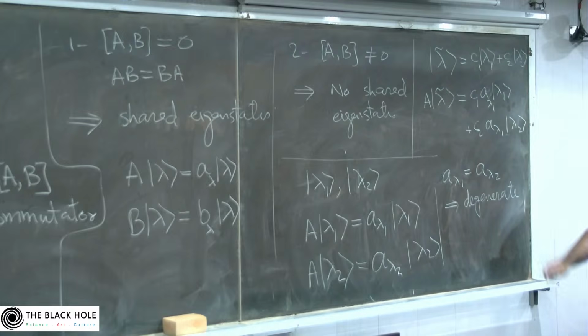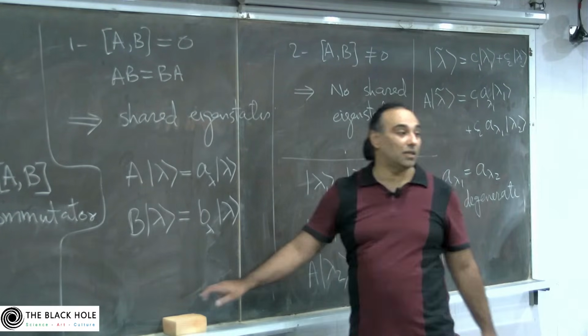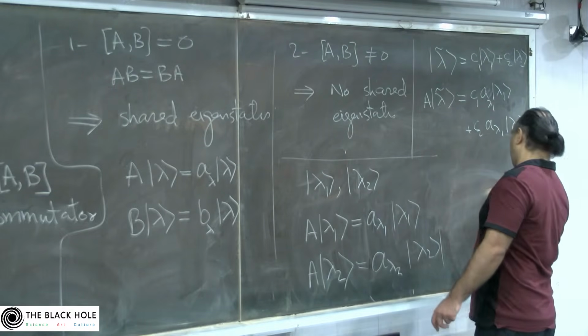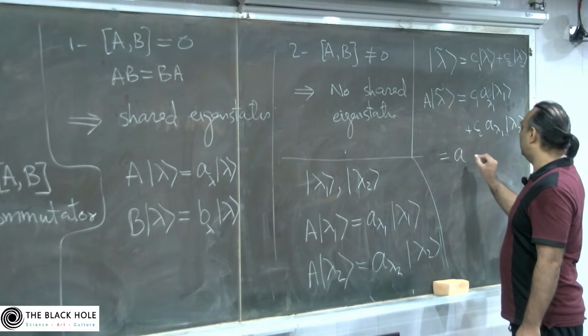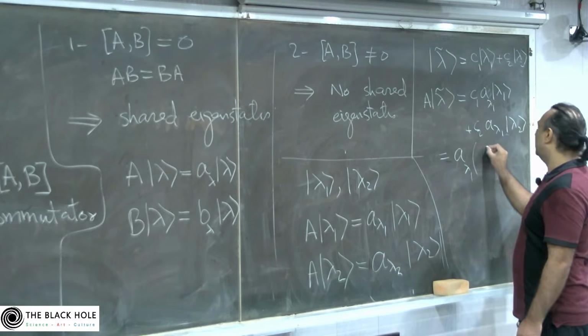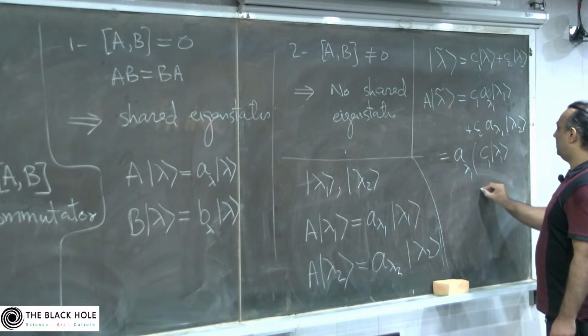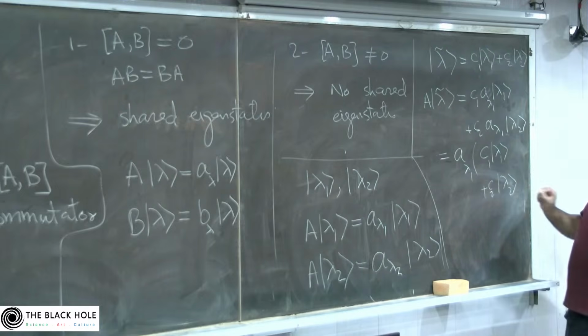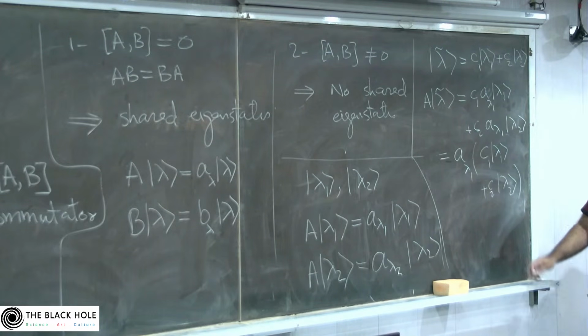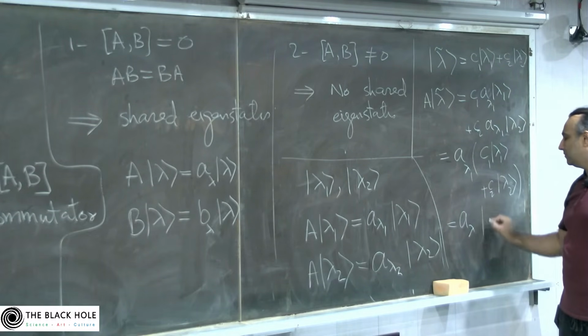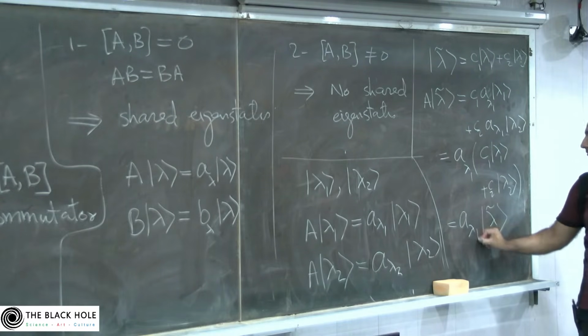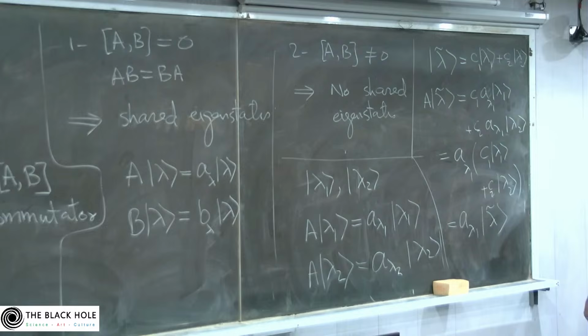Okay, so these two are equal, so we can take that as a common number here, and then this is C1 lambda 1 plus C2 lambda 2. Now this C1 lambda 1 plus C2 lambda 2 is again lambda tilde. So that means this linear combination is also an eigenvector of A with the same eigenvalue.